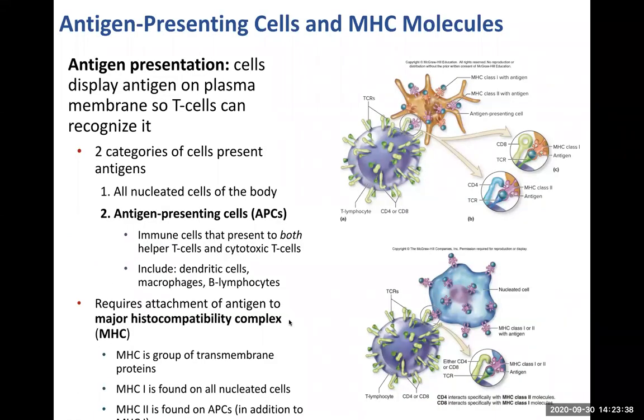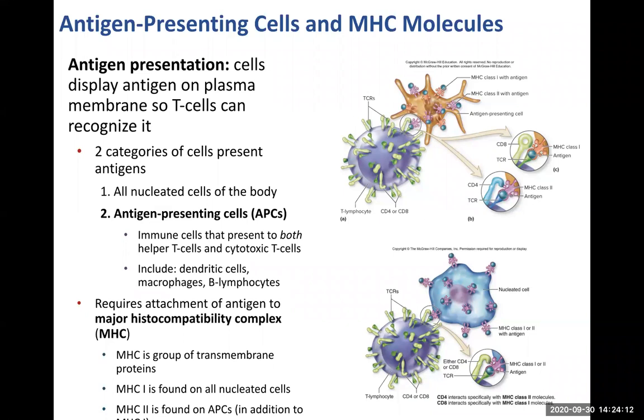Okay, so this concept of antigen presentation is key when it comes to the way in which T cells recognize their specific antigen. Before we talk about the way in which antigen is presented to T cells, we need to talk about the difference between professional antigen presenting cells and antigen presentation as a general concept. All nucleated cells present antigen, right?